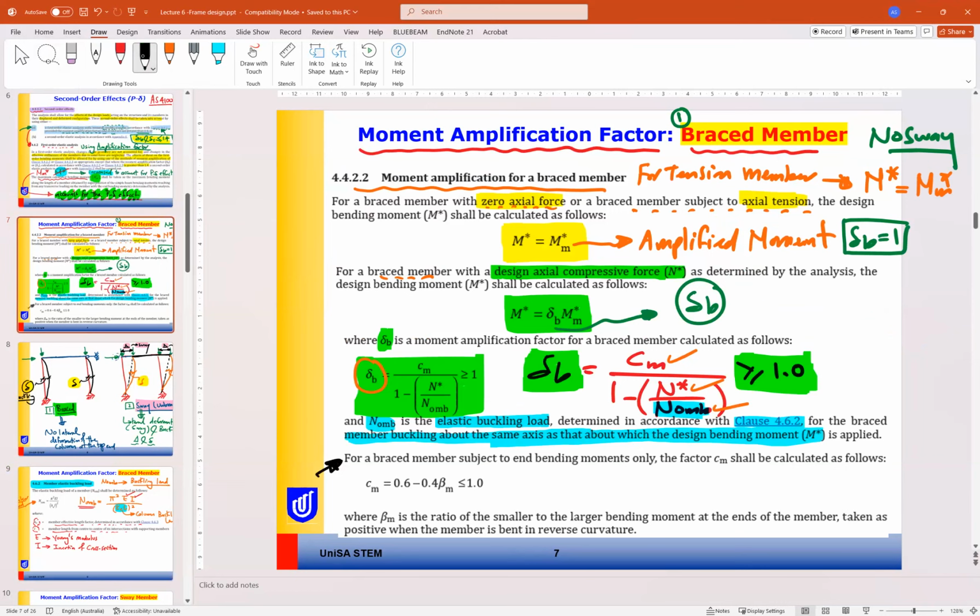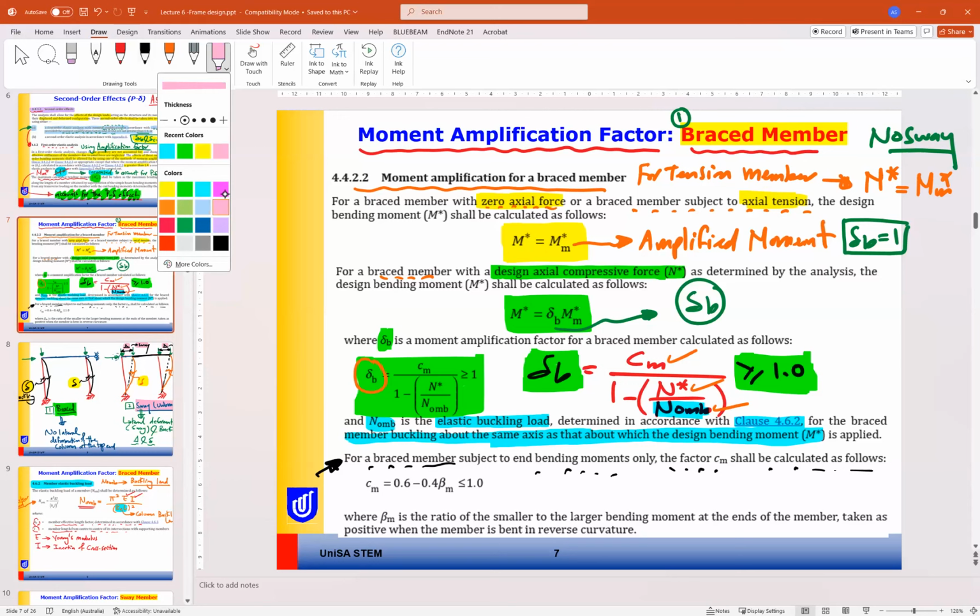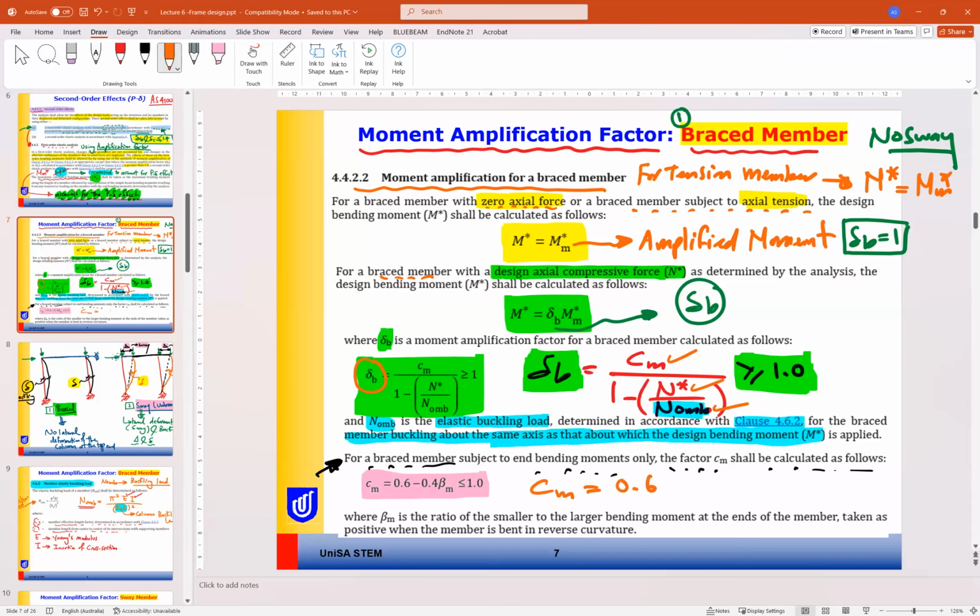Cm. So for a braced member subjected to bending moments only, the factor Cm shall be calculated as follows. Cm equal to 0.6 minus 0.4 beta m, which should be less than or equal to 1.